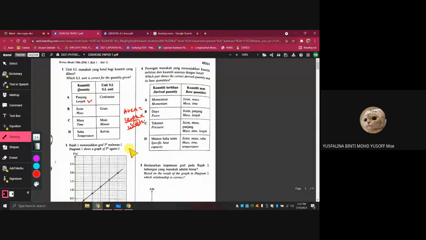Other than the 7 that I mentioned just now, all the rest are derived quantities. What does it mean by derived quantity? You use multiplication or division, or both, to derive a new unit. Like the area just now, I used multiplication.